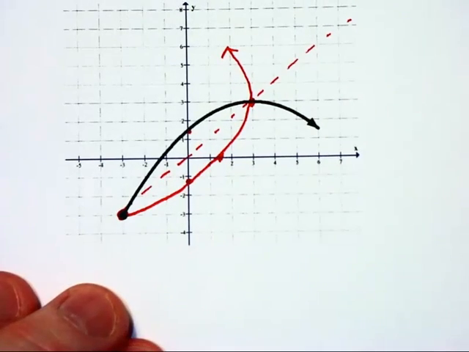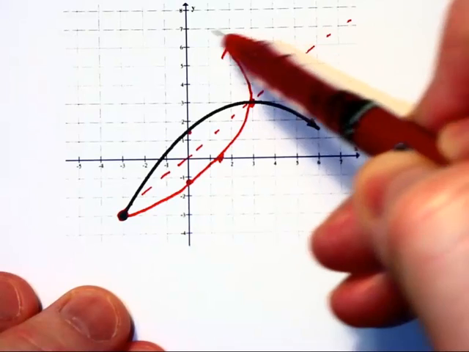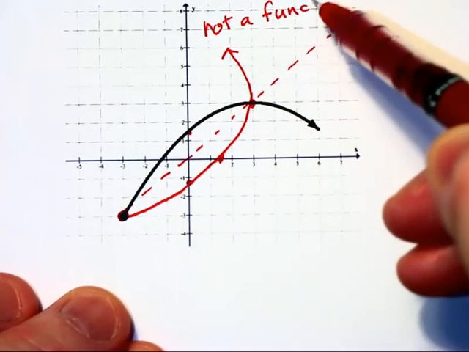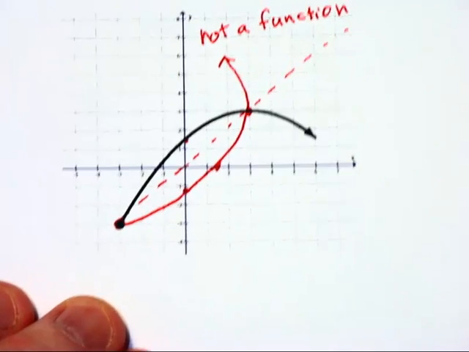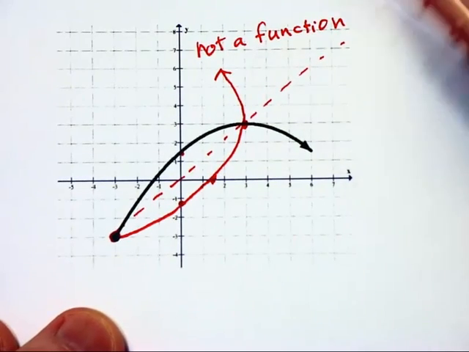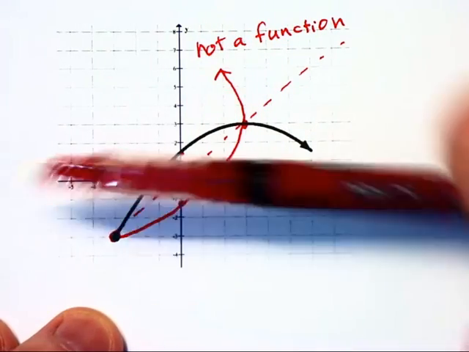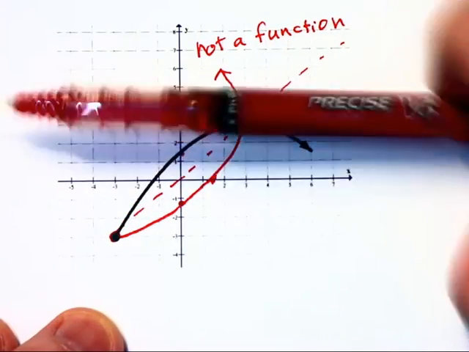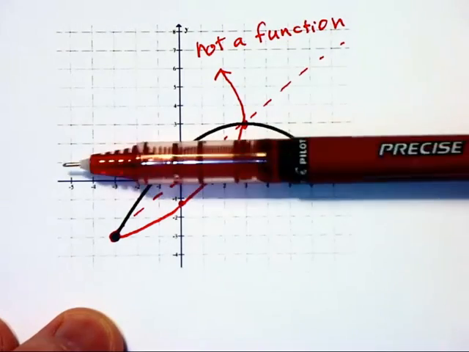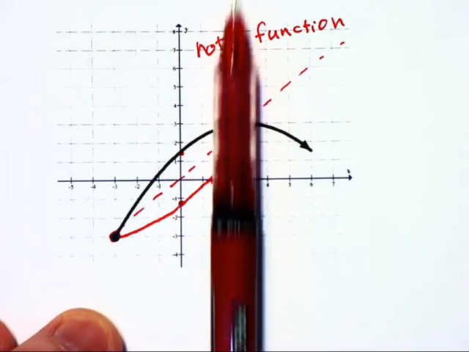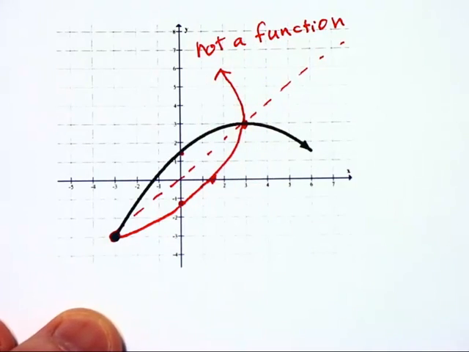Now, notice that this new graph here is not a function, because it fails the vertical line test. Well, notice how the first graph passed the vertical line test, meaning that the new graph will pass the horizontal line test, but the original fails the horizontal line test, meaning the inverse will fail the vertical line test.